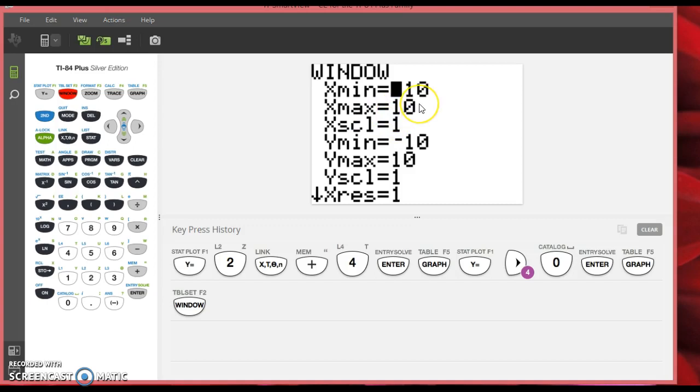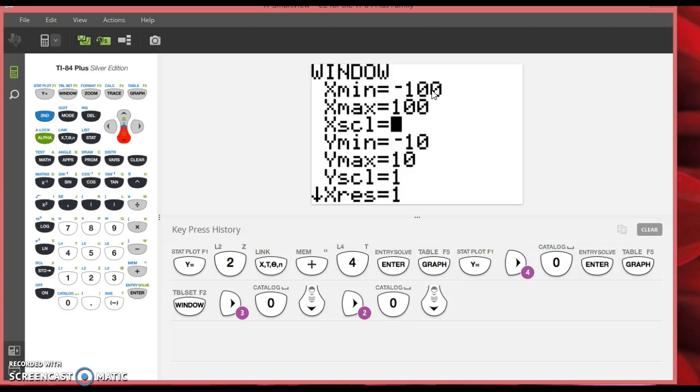The maximum was 10. Right now, you don't know enough about lines to locate that line. So let's change our x min to -100, and our x max to 100.